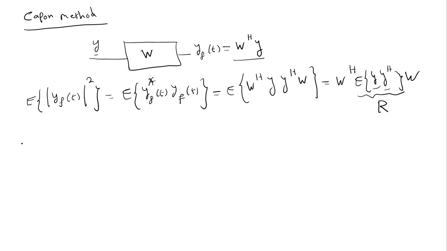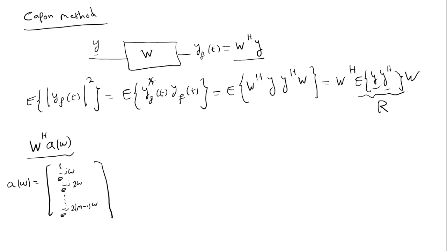The frequency response of this filter is W Hermitian A(omega). A(omega) is 1, e^{-j omega}, e^{-j2 omega}, up to e^{-j(m-1) omega}.